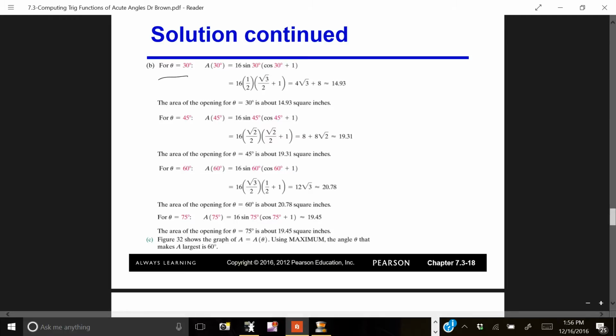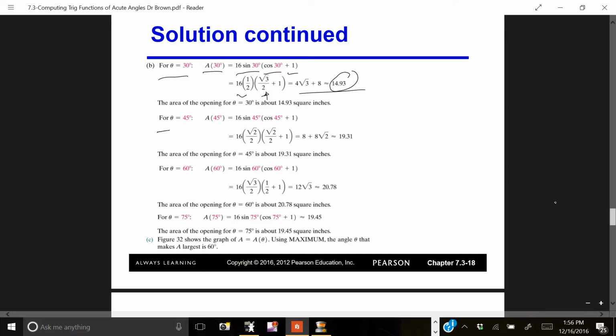For theta equal 30 degrees, the area is 16 sine of 30 degrees times cosine of 30 degrees plus 1. Sine of 30 degrees is a half. Cosine of 30 degrees is the square root of 3 over 2. And then plus 1. Putting this in your calculator, you get 14.93.